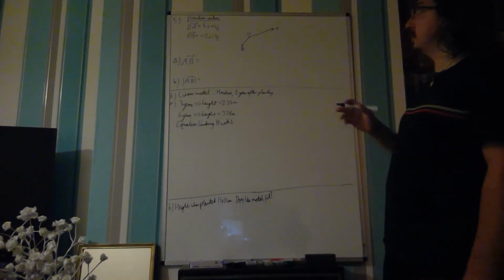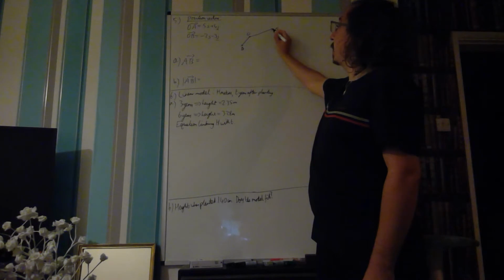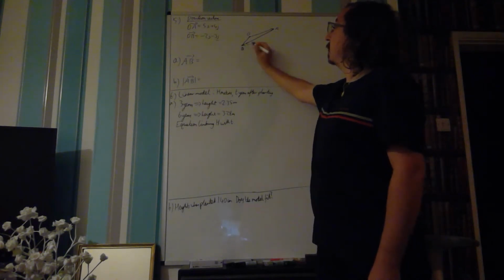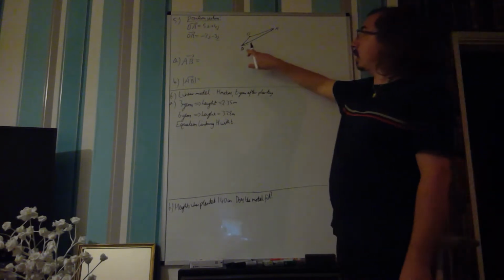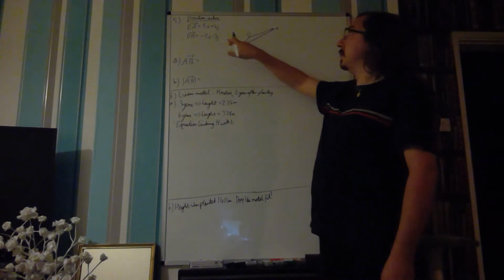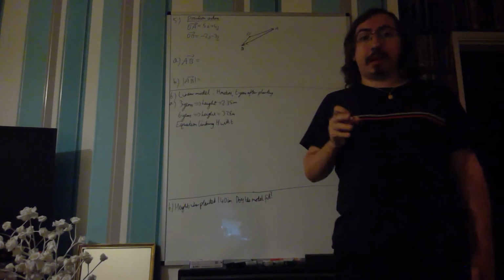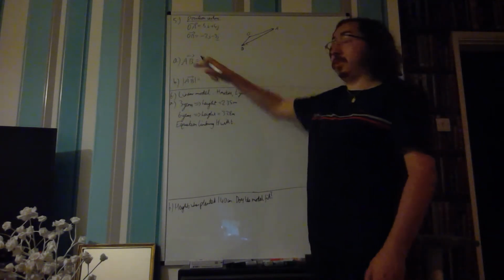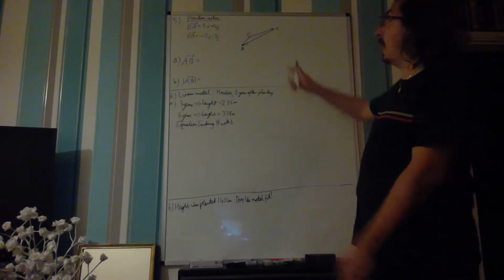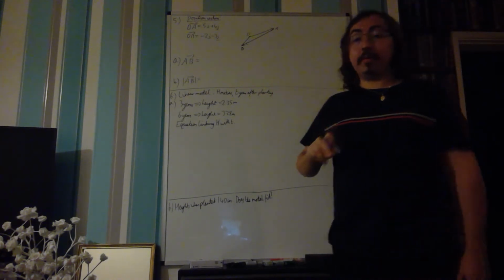So part A wants the vector AB. So this vector here. Now, what we've got to think is we need to create ourselves a path. We want to start from the point A and then eventually reach point B, but we don't have the information for the direct path.